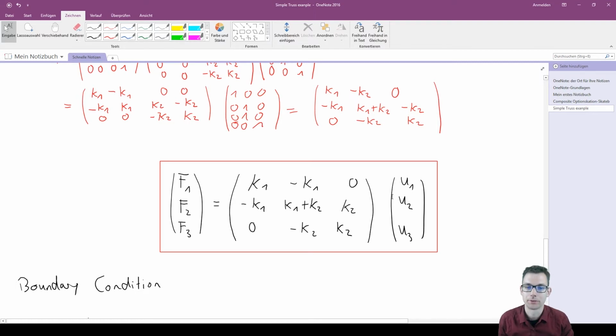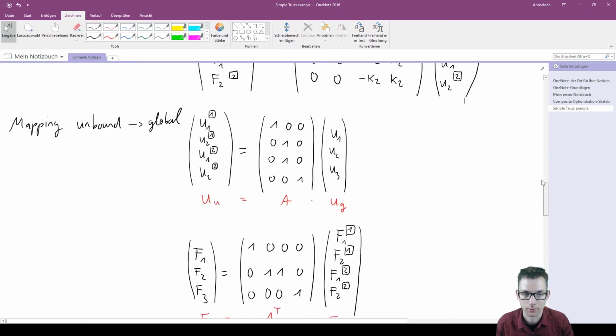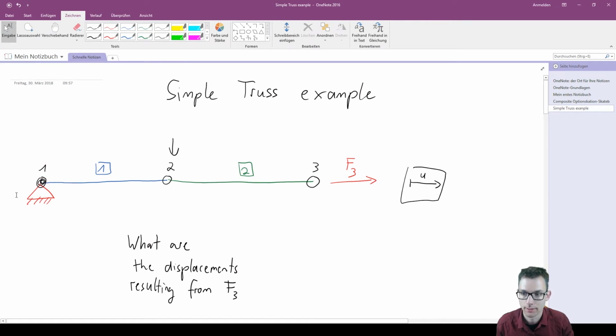Now you have your boundary conditions. As stated above, we have just F3 acting here, and F1 globally is 0 because you have no displacements at node 1, and F2 is also 0 because F2 of element 1 and F1 of element 2 are the same and acting in different directions, so they are summing up to 0.